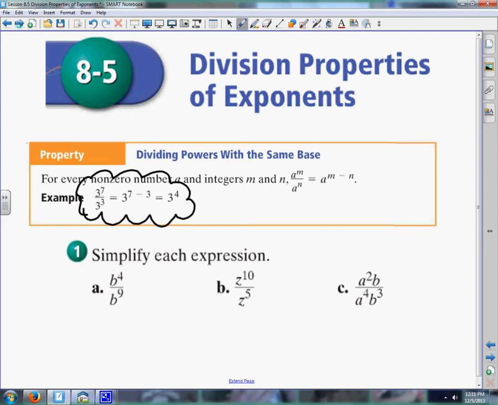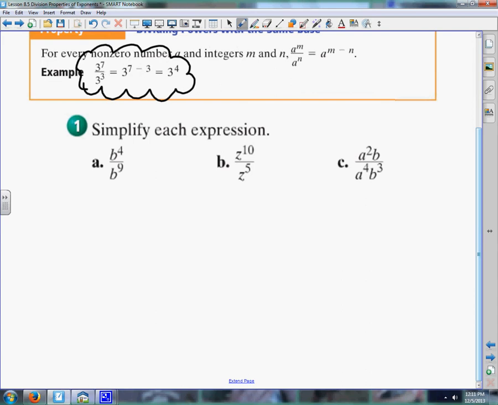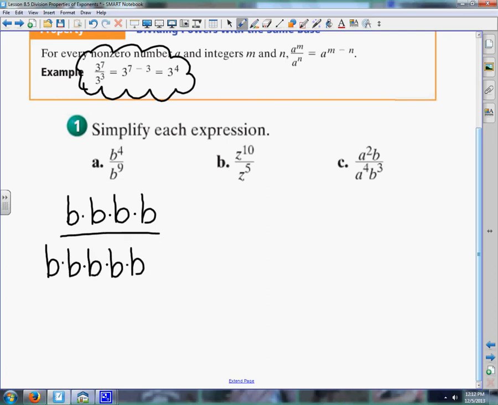So one way I like to do it is if you look in this problem A. If I have 4 B's on the top and I have 9 B's on the bottom, okay, what we know about fractions is if I have the same thing on the top and the bottom, they can cancel each other out because they essentially equal 1.